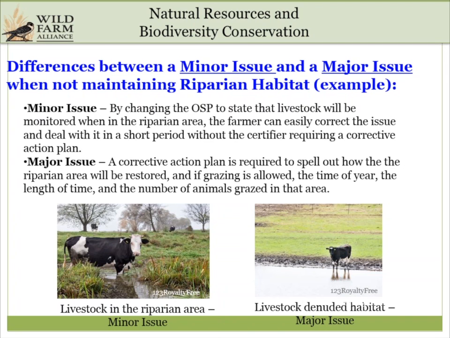Whereas on the right-hand side, the riparian area has been denuded, and so a corrective action plan is required where it spells out how the area will be restored, if grazing should even be allowed, and if so, what time of the year, the length of time, and the number of animals grazed in that area.